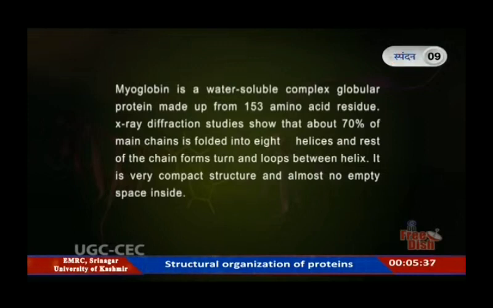X-ray diffraction studies show that about 70% of the main chain is folded into 8 alpha helices, and the rest of the chain forms turns and loops between helices. It is a very compact structure with almost no empty space inside.